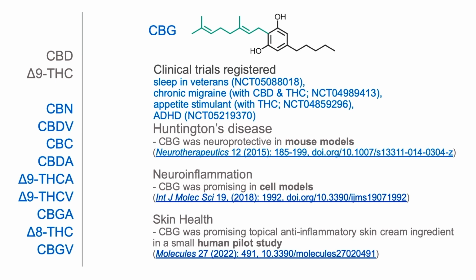Here's CBG. Clinical trials registered include sleep in veterans, chronic migraine, appetite stimulation. In the case of migraine and stimulation of appetite, it's with CBD and THC, or with THC, and then ADHD.